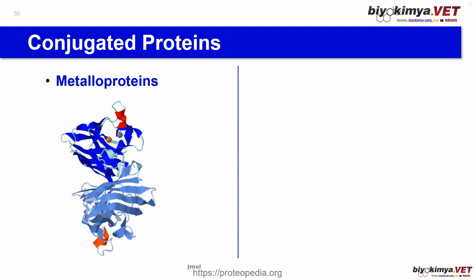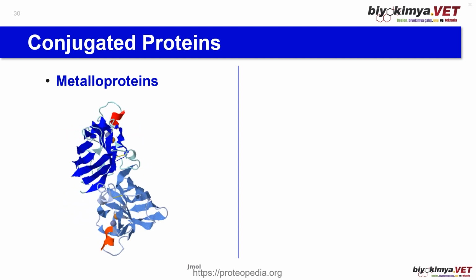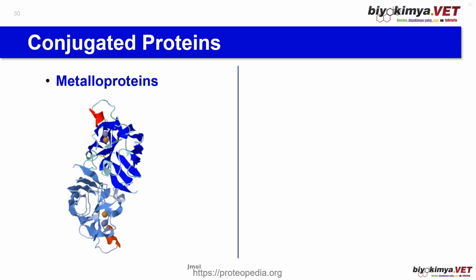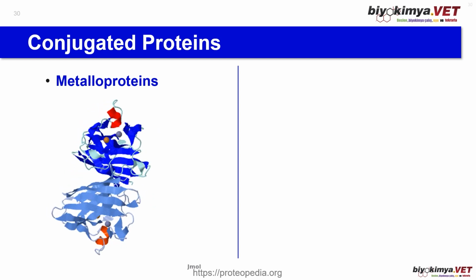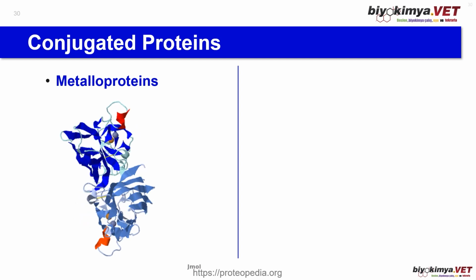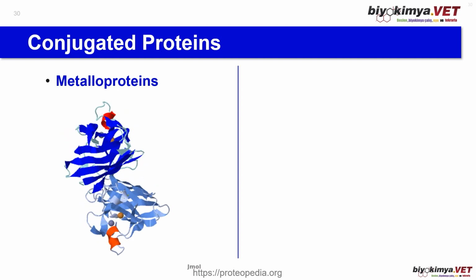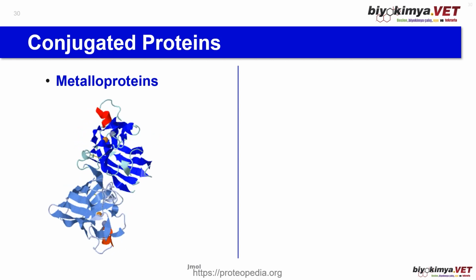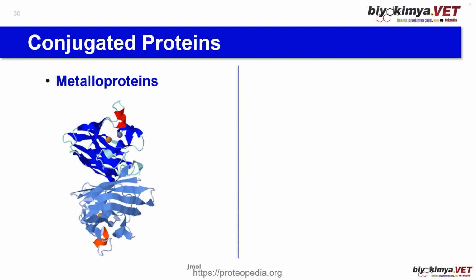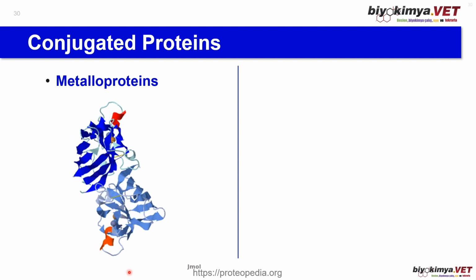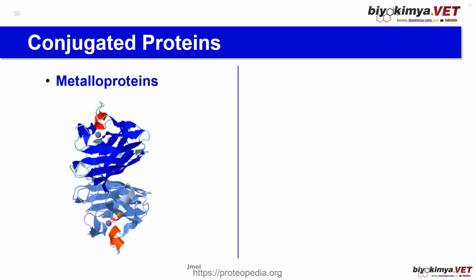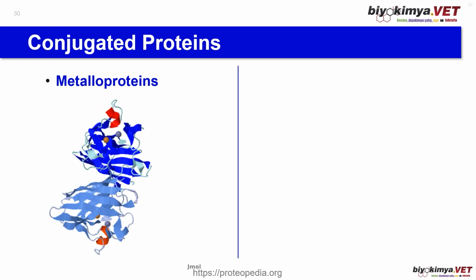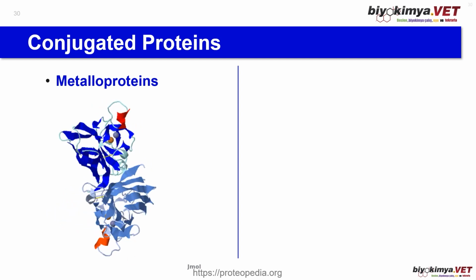It is most commonly found in eukaryotes, as we have already taught in bioelements when we discussed zinc and copper. Here you see the human copper-zinc superoxide dismutase with copper and zinc metal ions visible. And here you see the copper and zinc ions in the structure of superoxide dismutase.